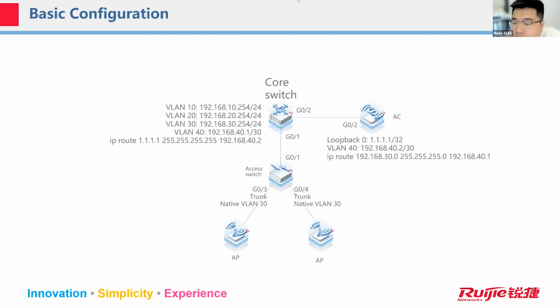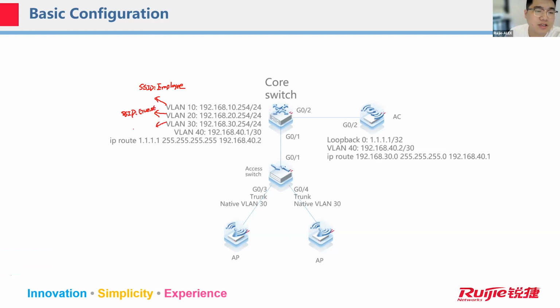In this network, we have two SSIDs. The first is the employee, okay? VLAN 10 is the VLAN for the WLAN whose SSID is employee. VLAN 20 is that of the SSID guest.